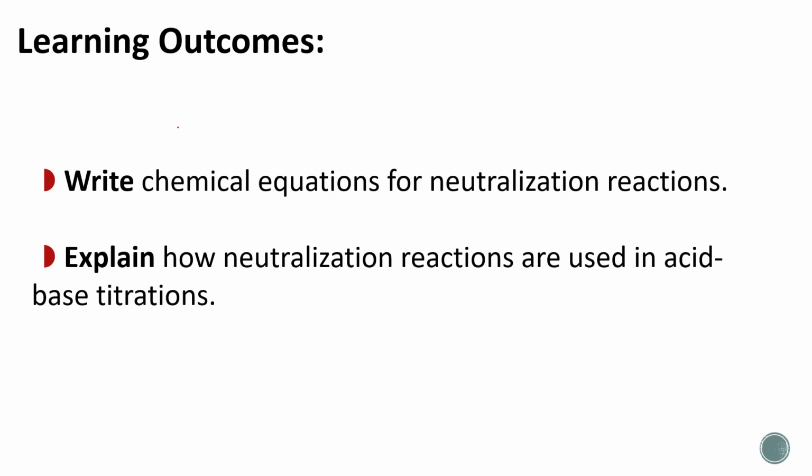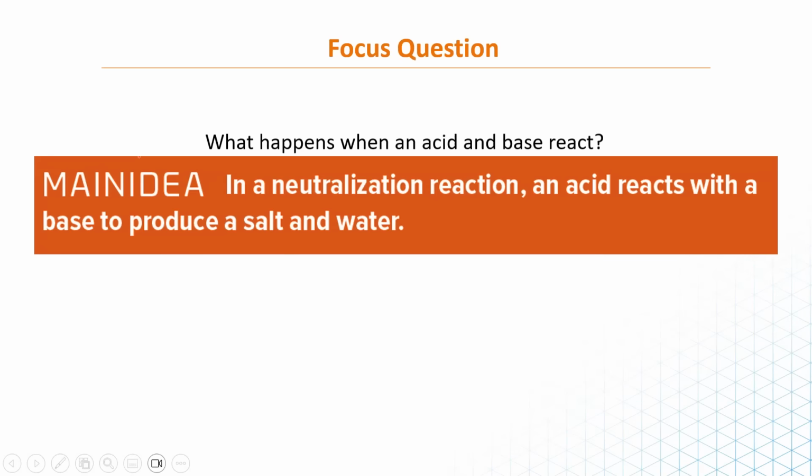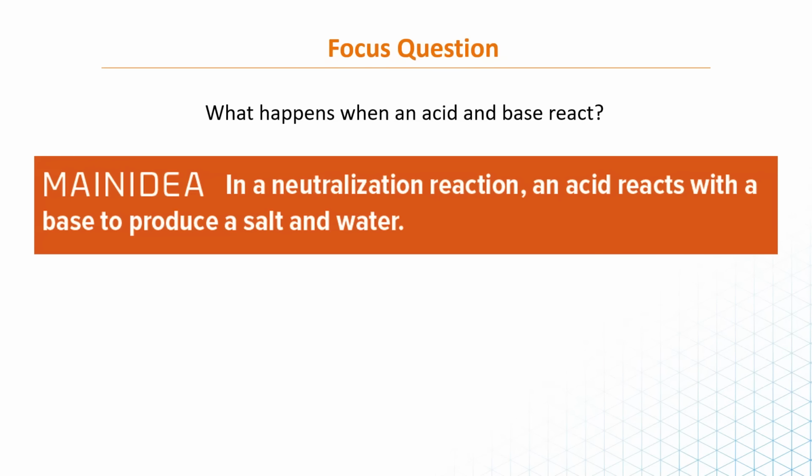So what are the learning outcomes of this lesson? First of all, write chemical equations for neutralization reactions, and explain how neutralization reactions are used in acid-base titration. This is the main idea, guys.